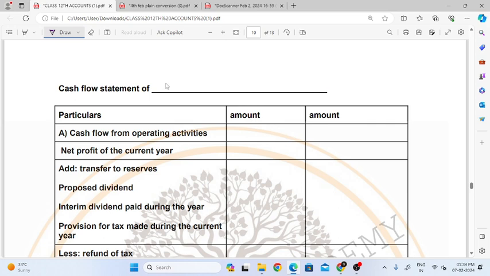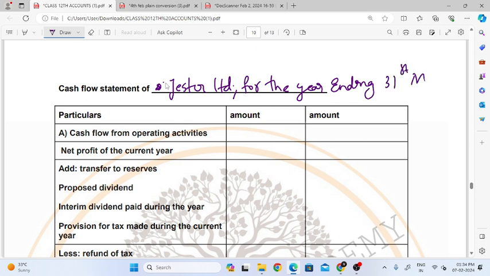So the first step we have to see is the cash flow from operating activity.